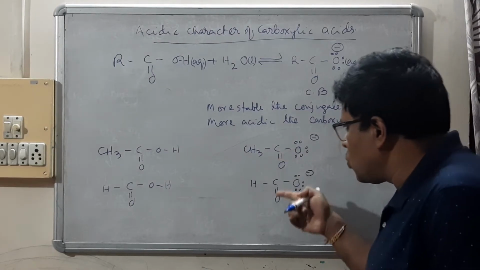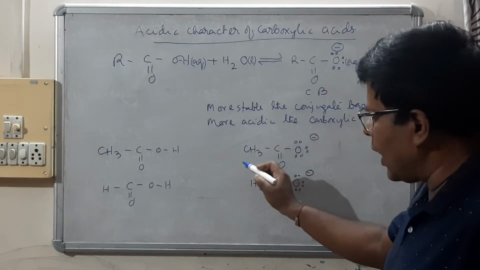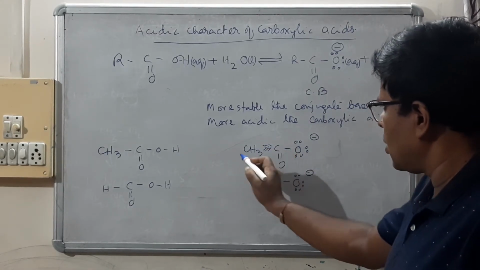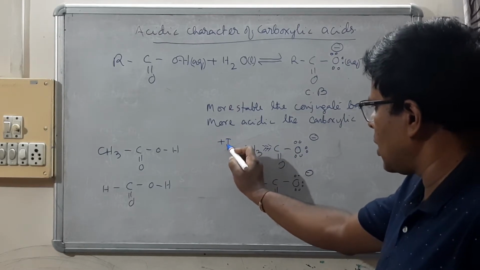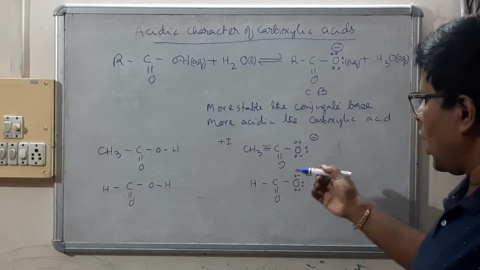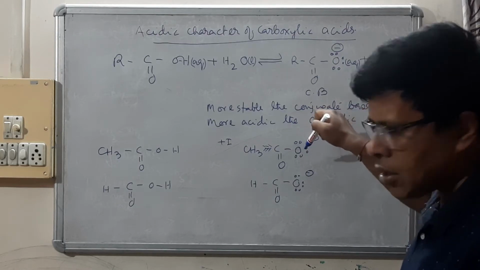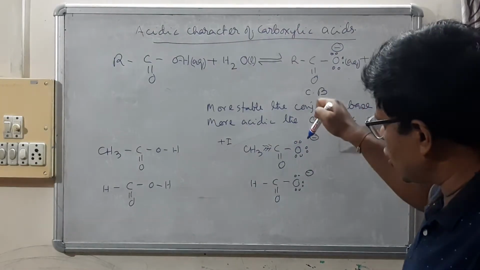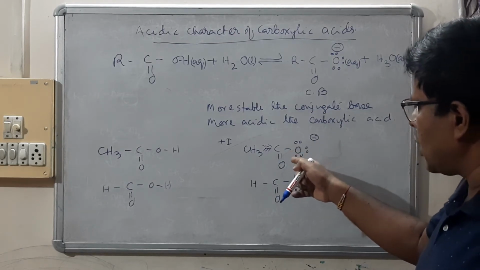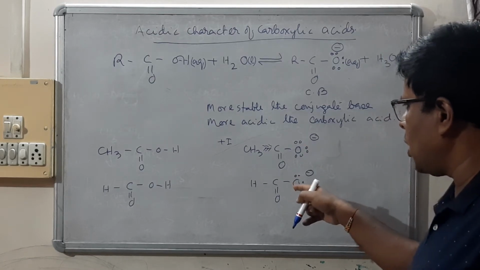Now, which of these two is more stable? You can see that this is an alkyl group. Alkyl group has plus I effect, electron releasing inductive effect, and this will lead to more concentration of negative charge, and this will make the conjugate base unstable, whereas such thing doesn't happen here.